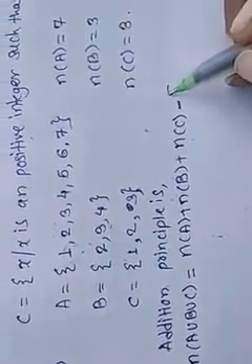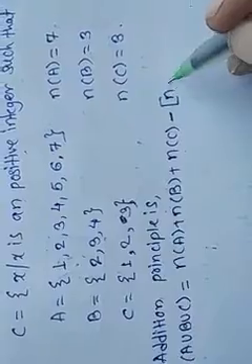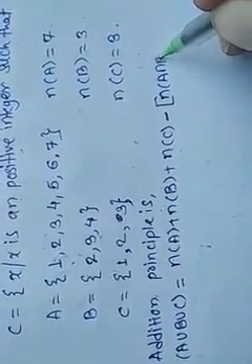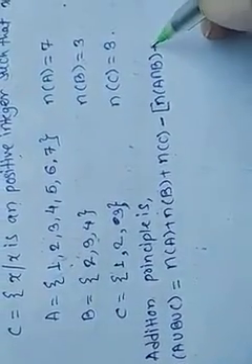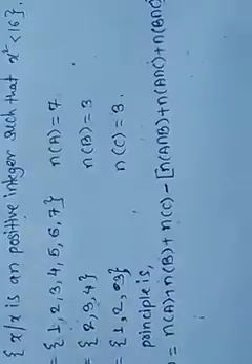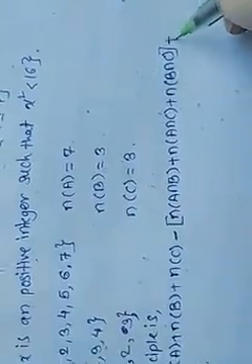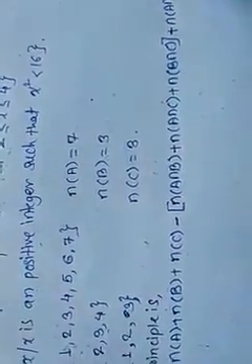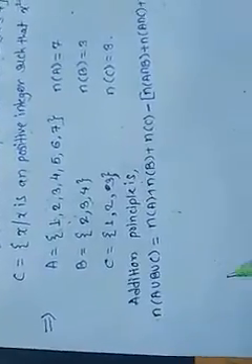Now we have to subtract the cardinality of the intersections: n(A ∩ B) plus n(A ∩ C) plus n(B ∩ C). All pairs we have to consider, and last we have to add n(A ∩ B ∩ C). This is the formula for the addition principle.